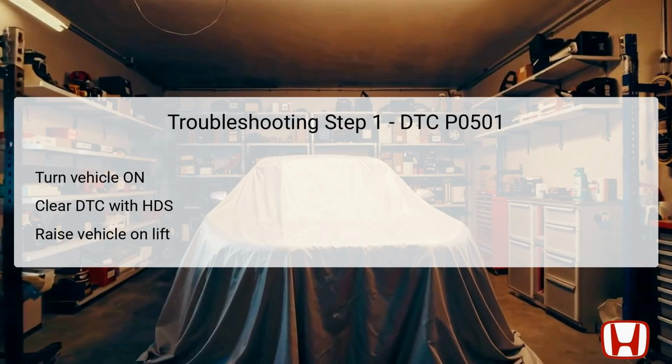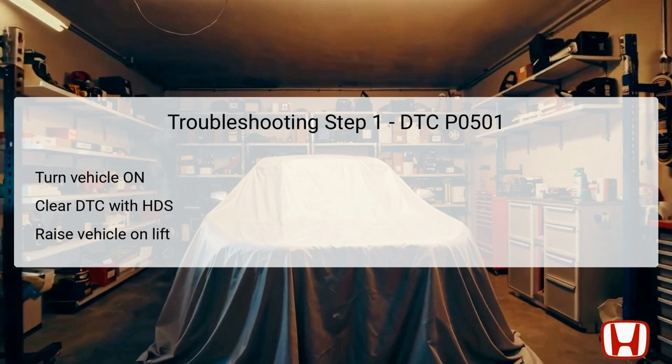The first troubleshooting step for DTC P0501 involves turning the vehicle's ignition to the on position, which powers the vehicle's systems without starting the engine. Following this, it is essential to clear the DTC using the Honda Diagnostic System, HDS, which resets the error codes and allows for accurate assessments.